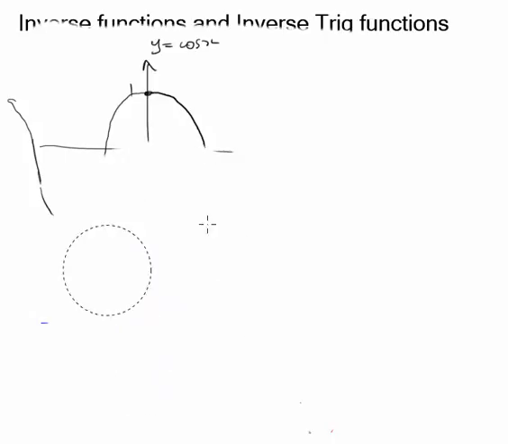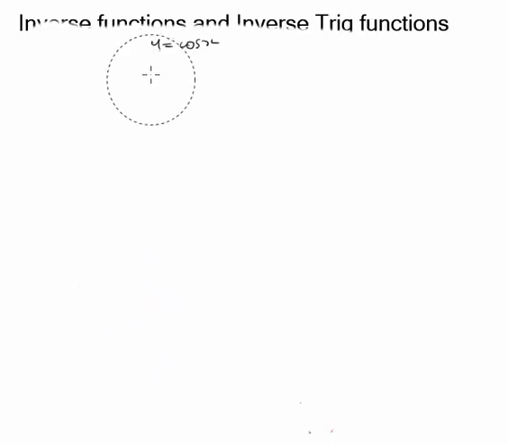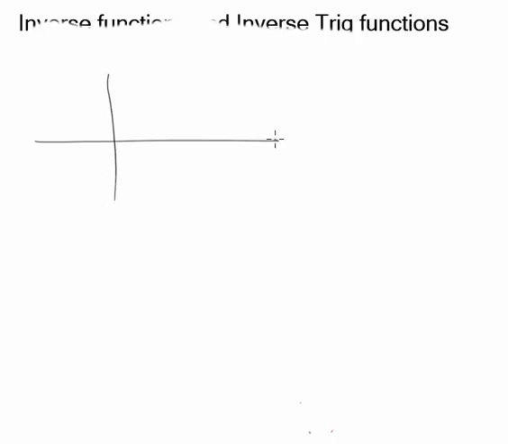So in summary, the inverse sine function is simply this, like this, and like this. And that's pi on 2, that's negative pi on 2, that's 1, that's negative 1.